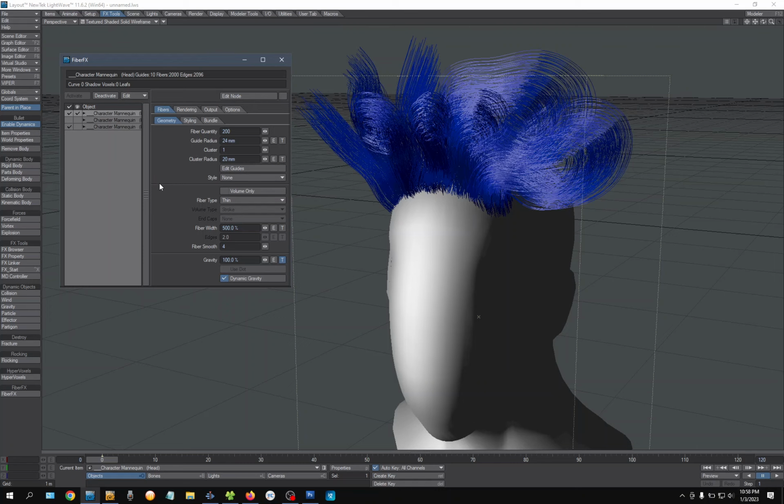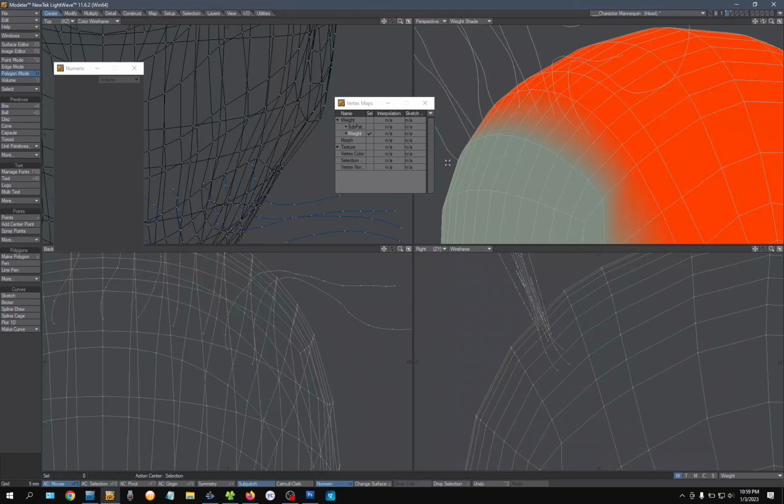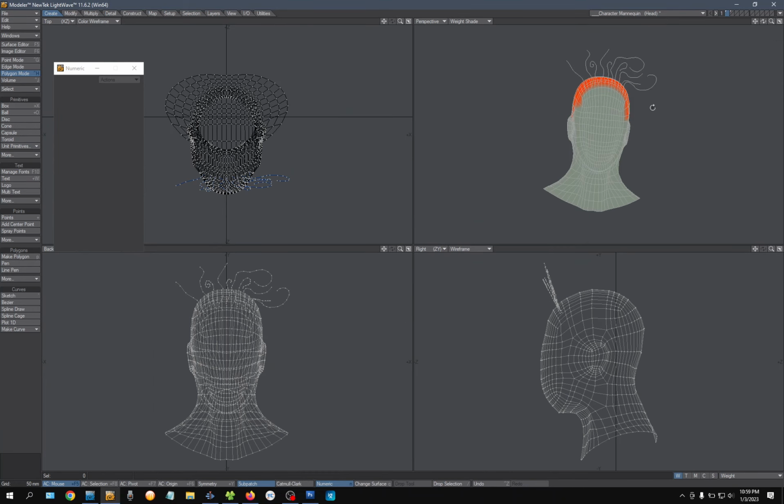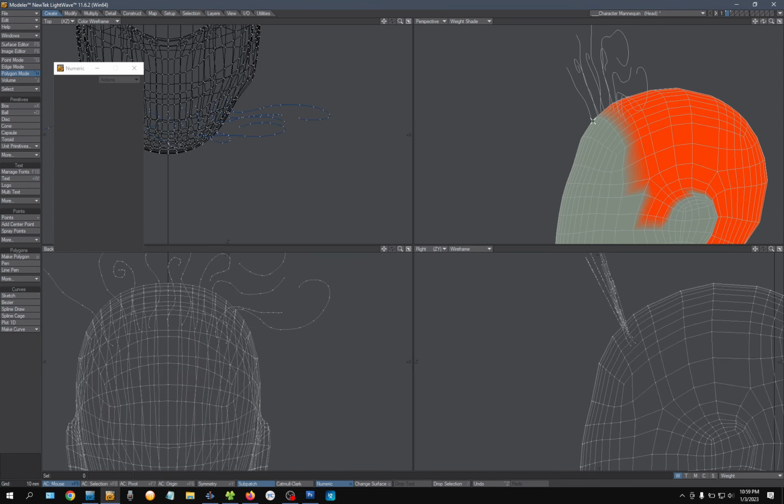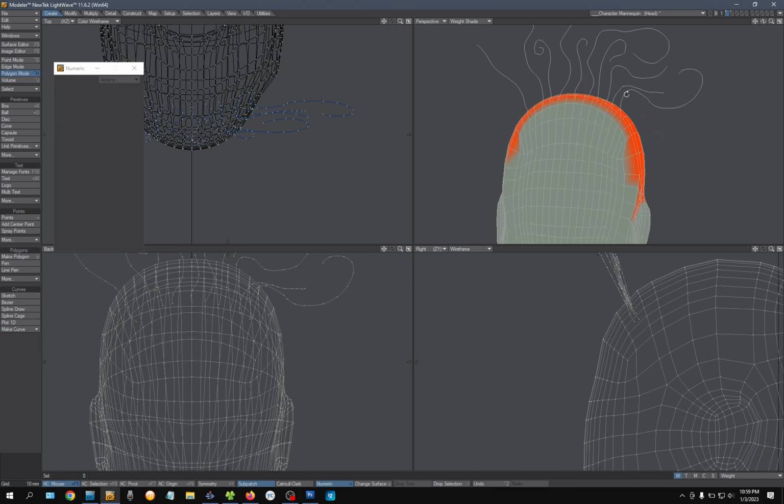So you basically have to, well, have good guides. So it's fairly easy to create a modeler though. All you do is basically do this.